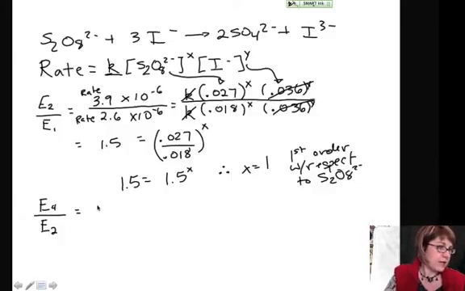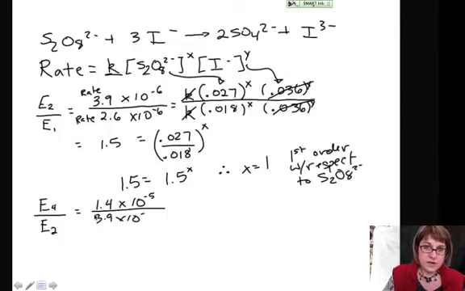Let me show you how. I put experiment 4 over experiment 2 because experiment 4 has a higher rate, 1.4 times 10 to the negative 5, than experiment 2, 3.9 times 10 to the negative 6. This allows me to have a whole number that's not some fraction.